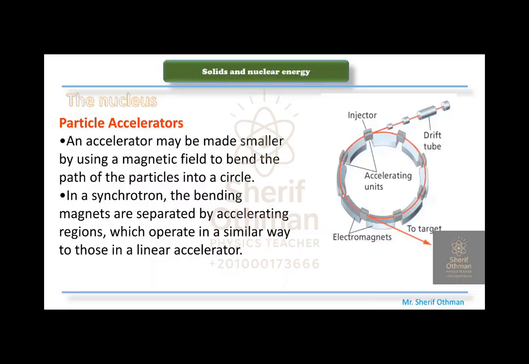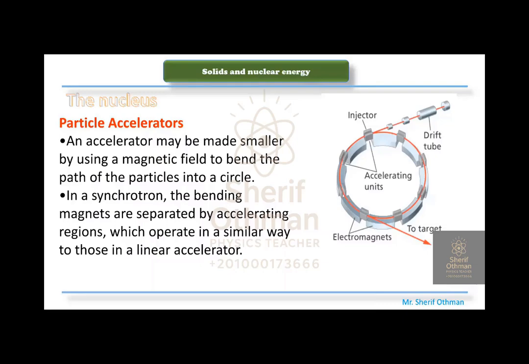An accelerator may be made smaller by using a magnetic field to bend the path of the particle into a circle. So we use something called a magnetic field to bend the path of the particle into a circle. The bending magnets are separated by accelerating regions, which operate in a similar way to a linear accelerator.